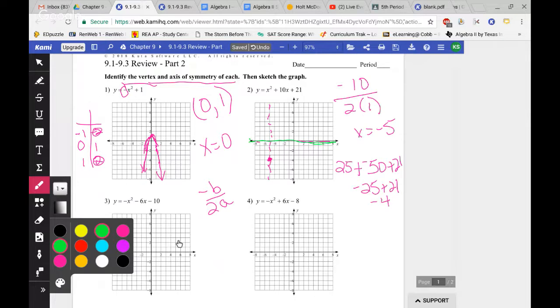So I'm pretty sure this is going to go through the x-axis somewhere because the vertex is below the x-axis. So I could actually factor this and find my x-intercepts, which would be my other 2 points. Or you can use your graphing calculator.